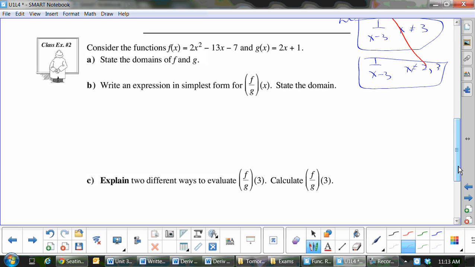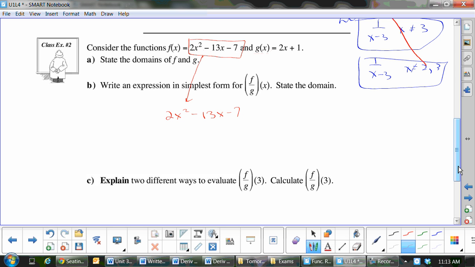Now, if we look at example 2, I'm going to do it because it has a different type of factoring, so I'm going to review that. So 2x squared minus 13x minus 7. Just gauging from last class, they were like, oh yeah, those ones.